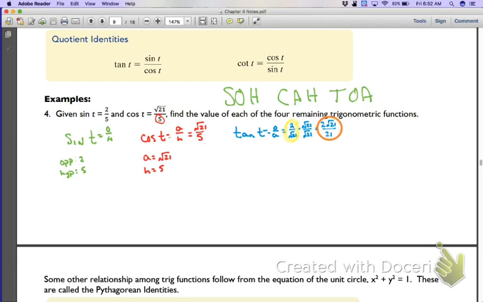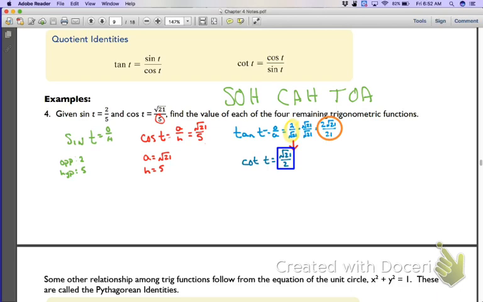Remember, work smart, not hard, and just flip to find cotangent. To find cotangent of t, all I'm going to do is flip it and have the square root of 21 over 2. That way we have less work to do.